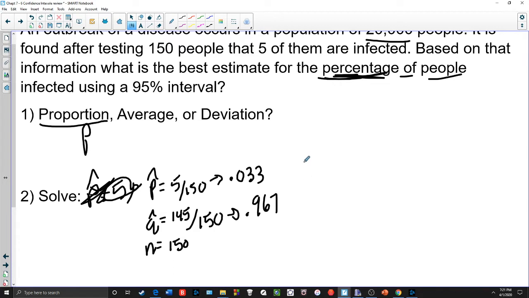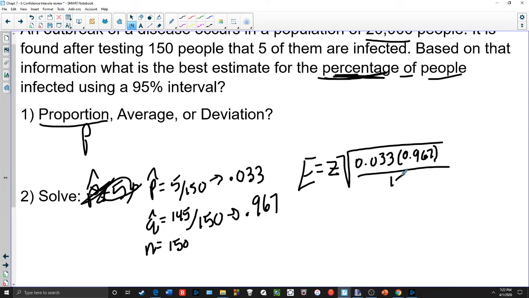And so then our margin of error for a proportion is my z-score times the square root of p hat q hat over n. My z-score, if it's 95%, is that common number of 1.96.